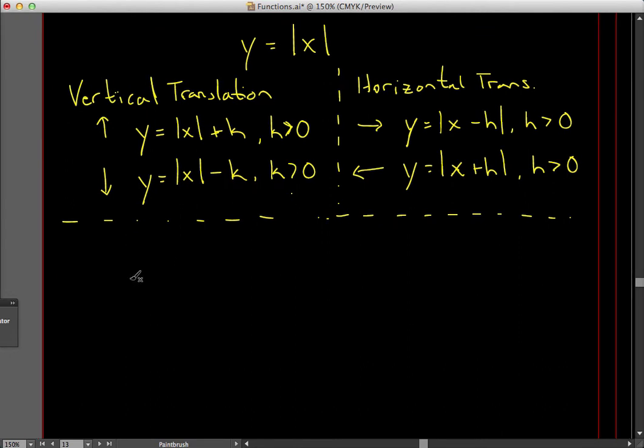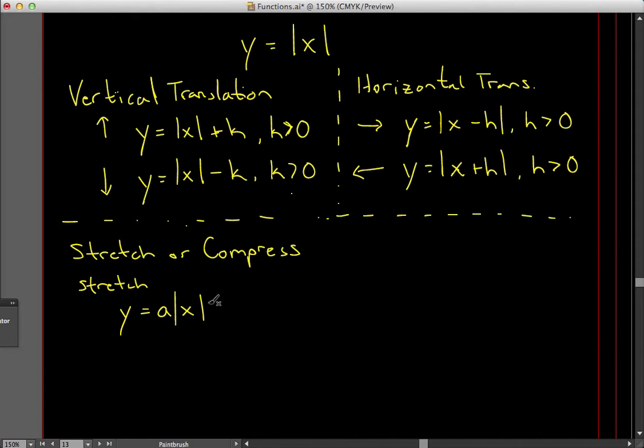There are more than just vertical and horizontal translations to a function. You can also stretch or compress a function. Let's start with stretch. This would be by multiplying our absolute value of x by some value a.